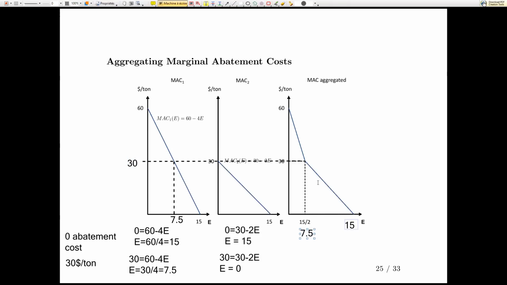And then once firm 2 has abated, so you see what's going on there. Here we add this line to that line, we get this sum total line. But then once I set the marginal abatement cost even higher, firm 2 is not going to start abating a negative amount.